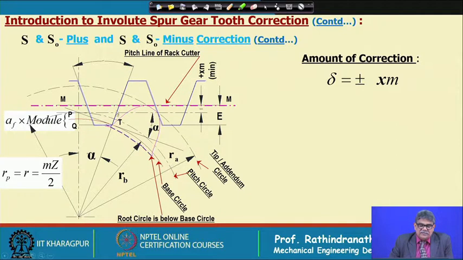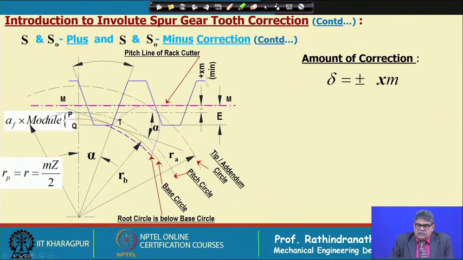So, in this case, as if it is not a cutter, it is a basic rack, and we can go up to the point where the corner will touch the intersection, or point of tangency, of the line of action and the tooth profile of the teeth. So, this is the limit.